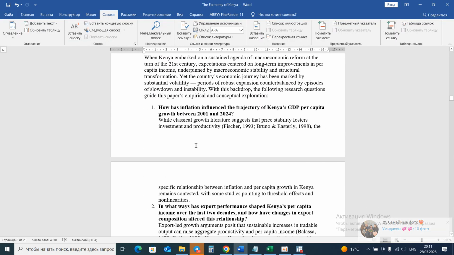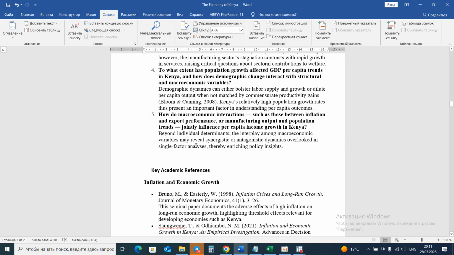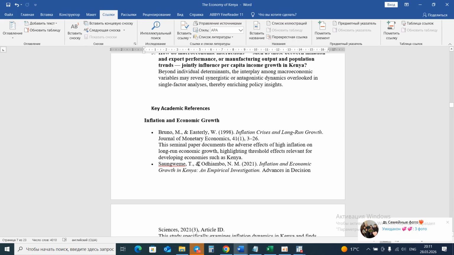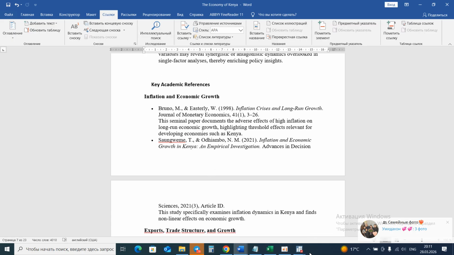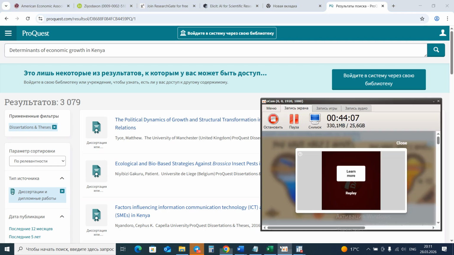Paste it here. I have 5 of them and put all of them here. So academic references should also be found by searching online.